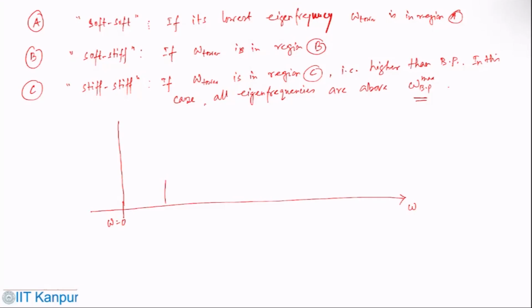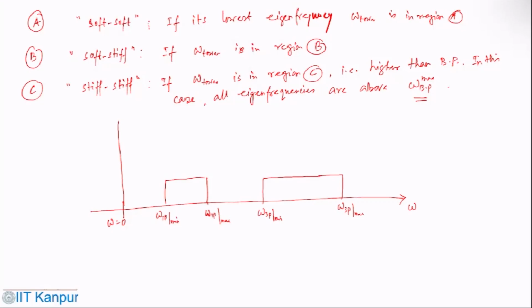So you can have omega 1P min, omega 1P max, and then we can have omega 3P min, omega 3P max.